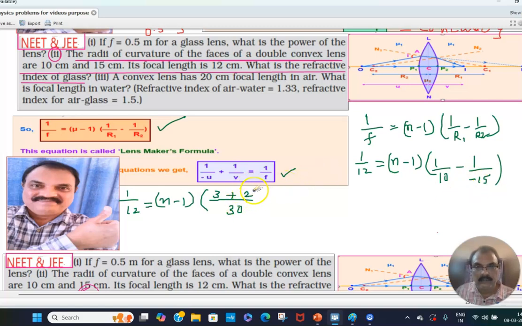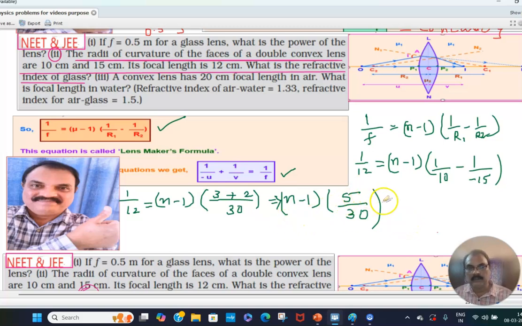So you will get this equal to (n minus 1) times 5 by 30. So 5 by 5, 1 by 6. It will become 1 by 6.